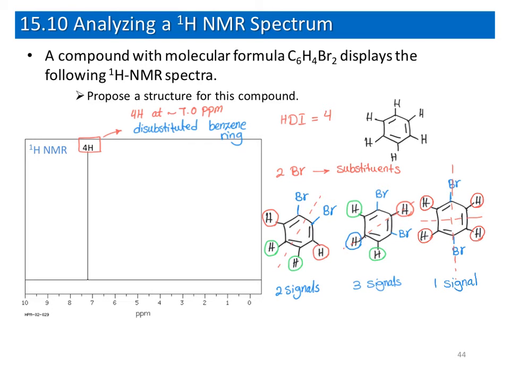That means this is the correct structure for this question that matches the hydrogen NMR that we have. Let me draw the correct structure right here. This is going to be the structure for this hydrogen NMR.